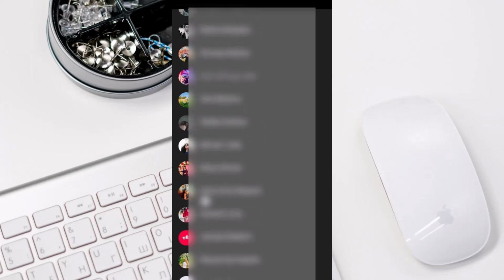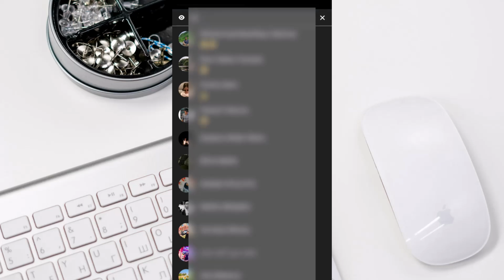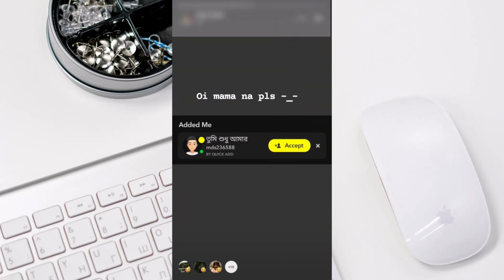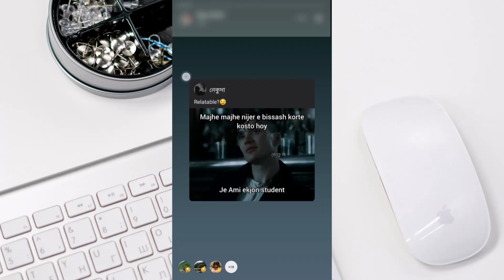So all you have to do is go to the Facebook Help Center and ask to see who viewed your Facebook story, and mention the number.